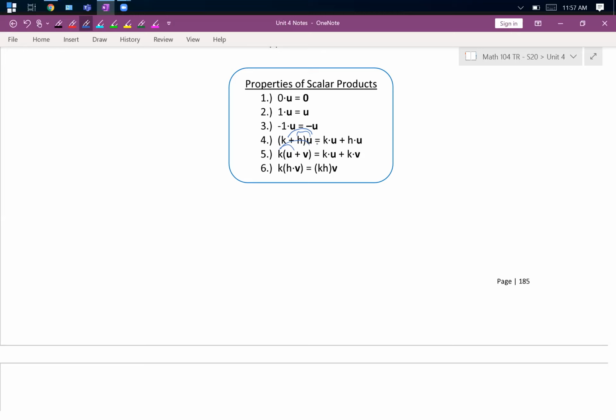And then number 6 is just the associative property, where we can rearrange the order in which we multiply things together. So if you have a scalar times a scalar times a vector, you can multiply the two scalars together first and then multiply it by the vector. So again, vectors are following the same properties of addition and multiplication for real numbers.